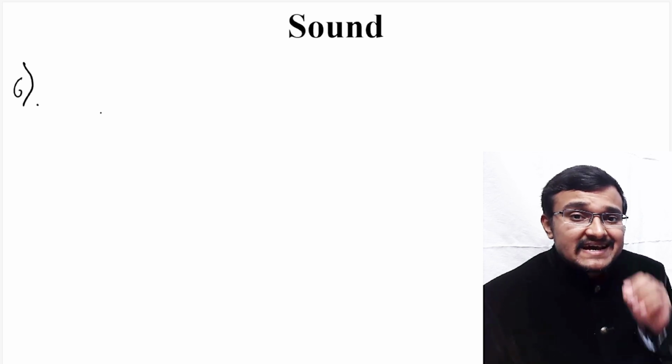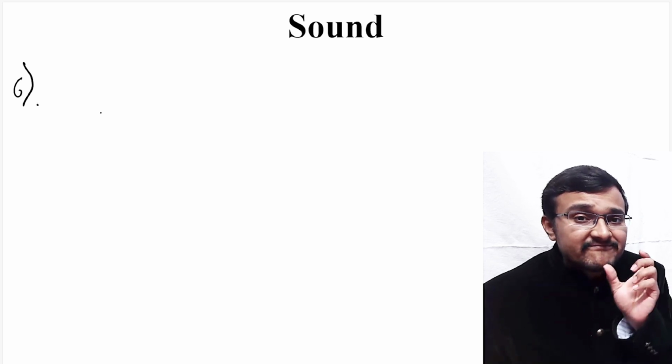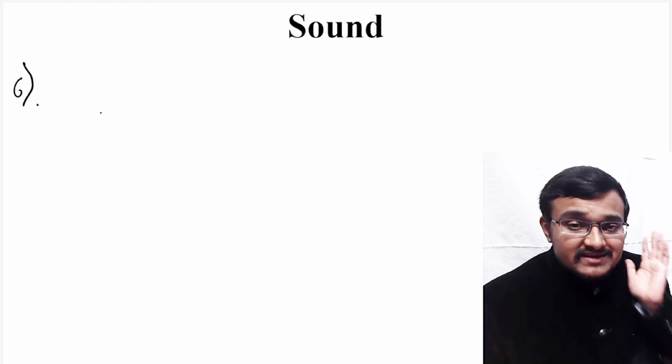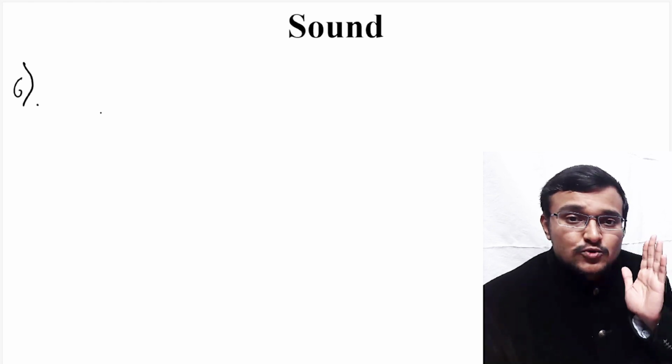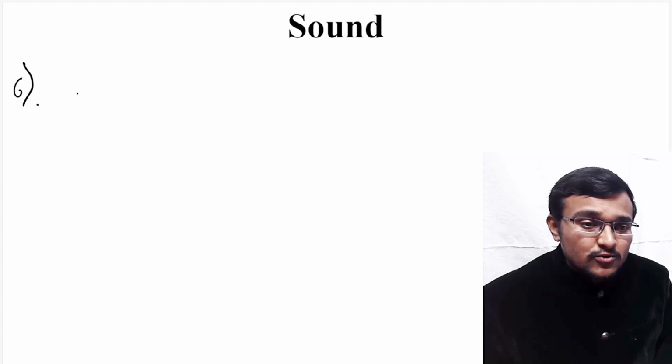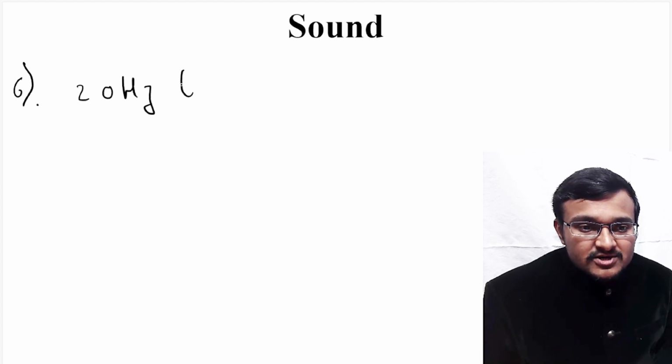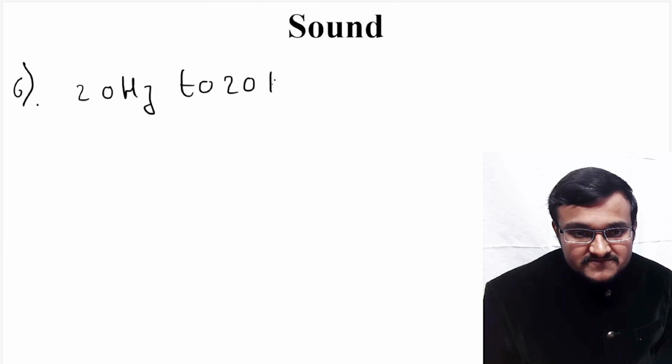So in 6th question, they are asking to calculate the wavelength range of sound waves which human ears can hear. So human ears can hear the sound in the frequency range of 20 Hertz to 20 kilohertz.